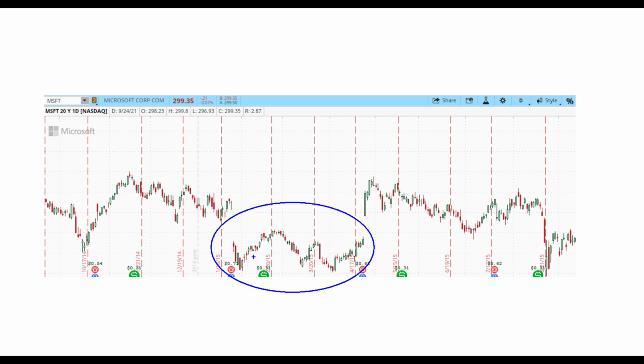The further apart the double bottom typically is, the stronger it usually is. The closer it is, it still can be very strong, but just make note of the distance between the double bottoms, a close one and a farther out one. That's just a little tip that you can keep in mind once you see these form.